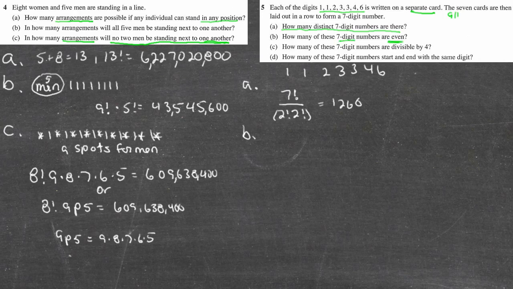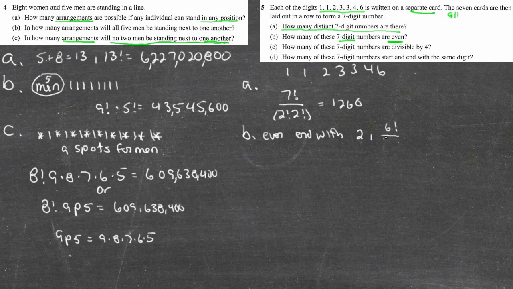Now, for part B, they want to know how many of these are even. Well, for it to be even, the numbers have to end with a 2 or a 4 or a 6. So all we got to do is look at those different scenarios. If it ends with a 2, well, that means that there are going to be 6 other numbers, and 2 of them repeat.